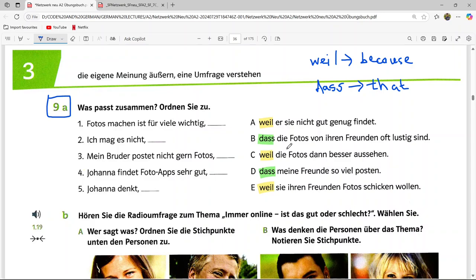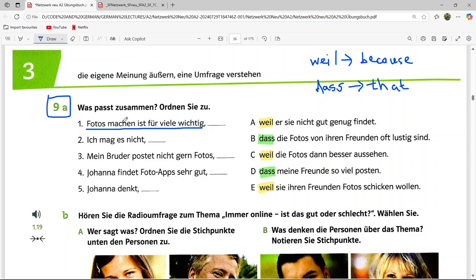Okay, so let's start the task. Fotos machen ist für viele wichtig. So taking photos is important for many people. Why? So it is important for many people, and now the sentence is not finished, we need a why, right? So what you have to do, you have to use weil.